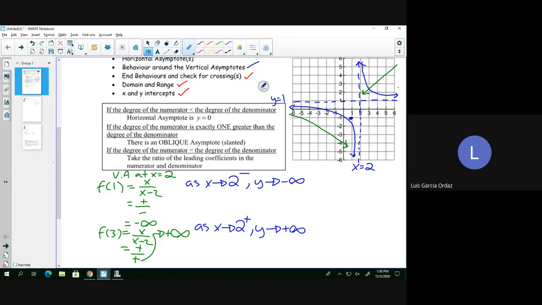So the reason why they do this is to figure out how the y values are going to react as they approach that x value from the left and to the right, okay? So an easy way to do this was to do as I did to make it simple. Say our vertical asymptote is x is equal to, let's just say, +1, okay?